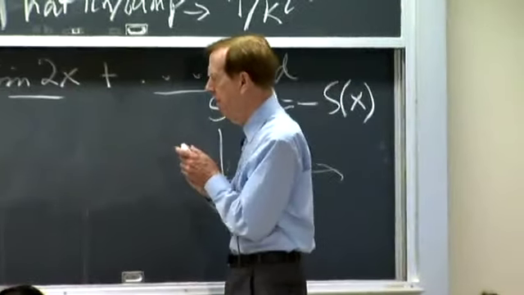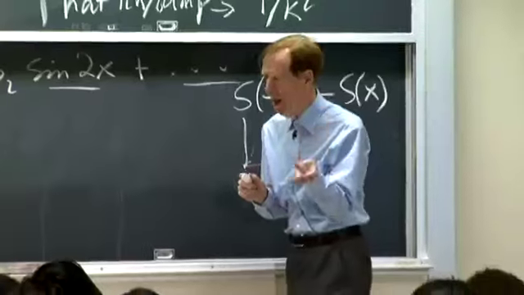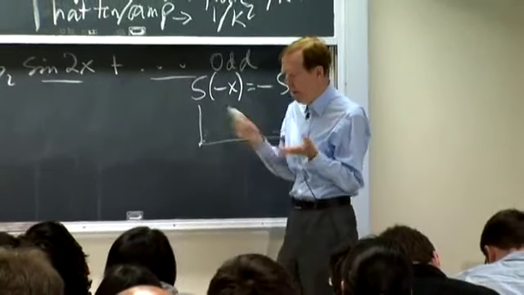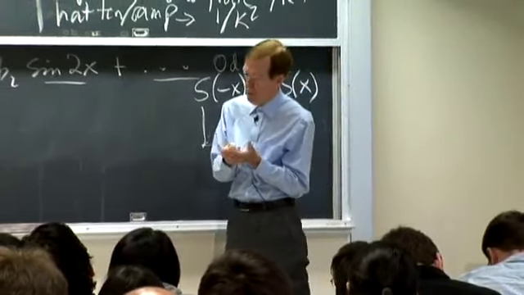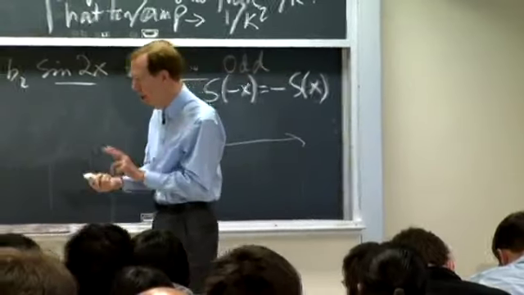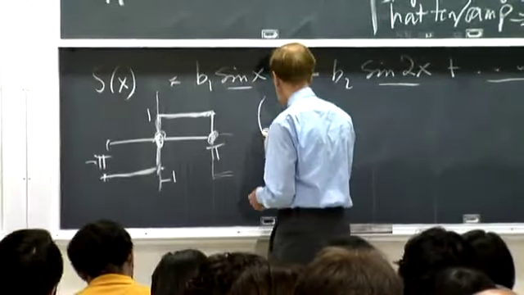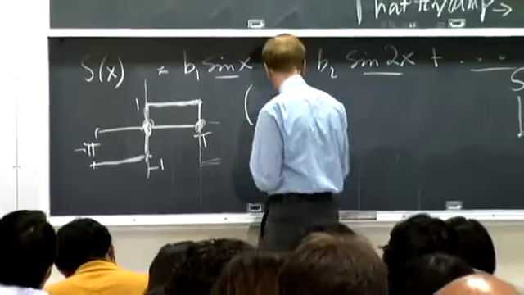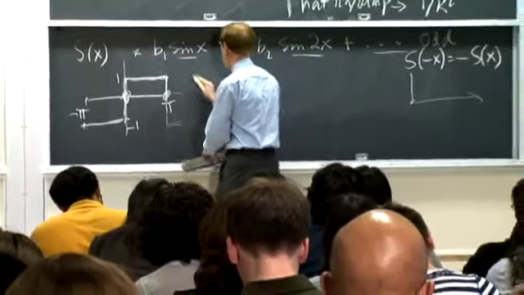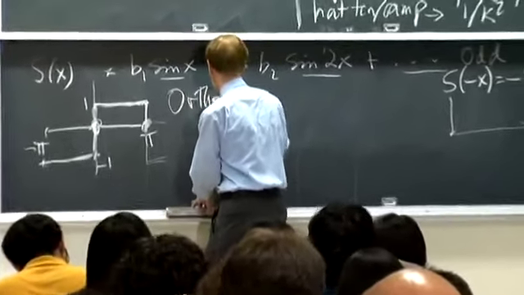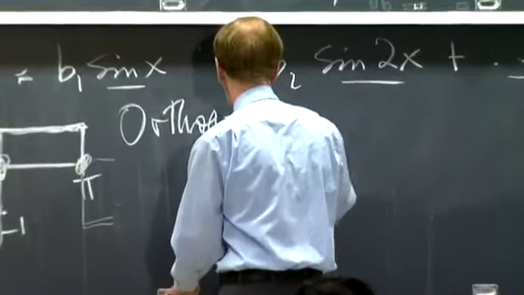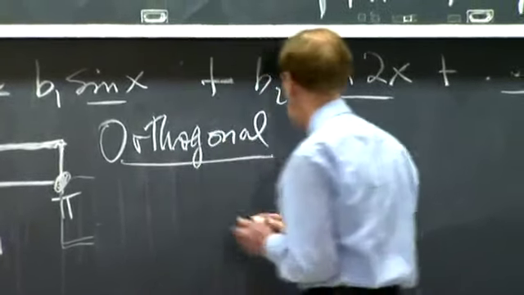What does that mean? Vectors, we take the dot product. Functions, we don't use the word dot product as much as inner product. So let me take the inner product of, the whole point is orthogonality. Let me write that word down. Orthogonal. The sines are orthogonal. And what does that mean?